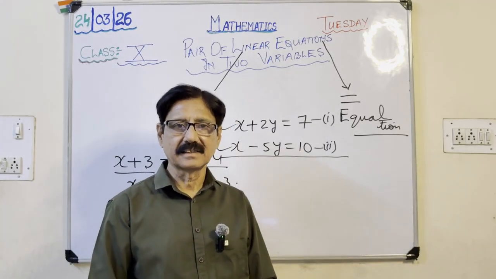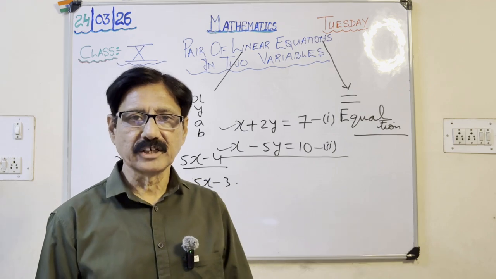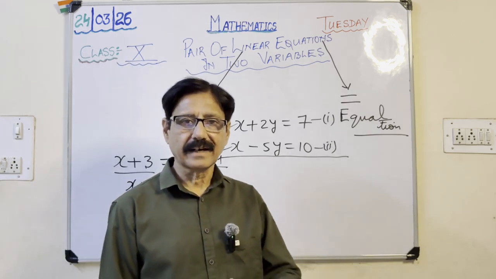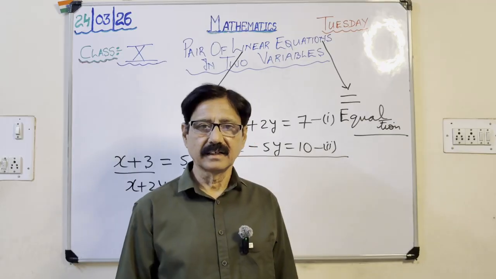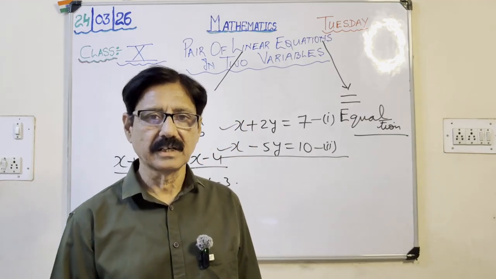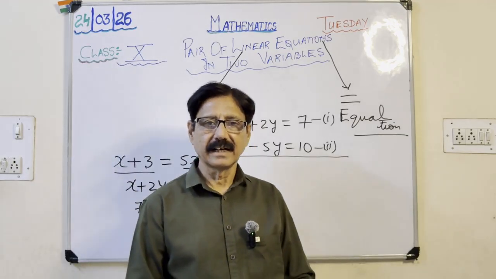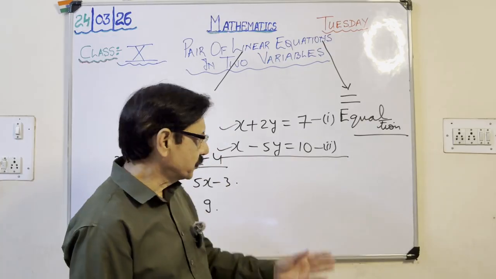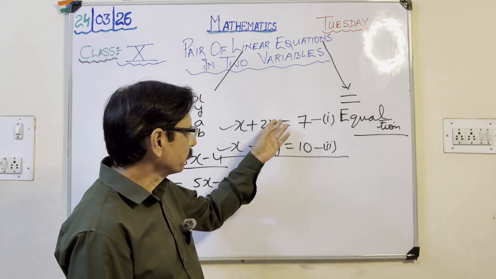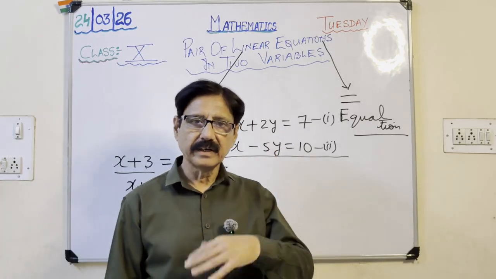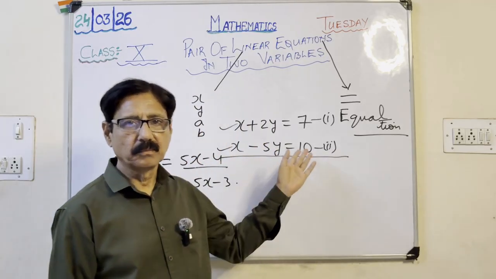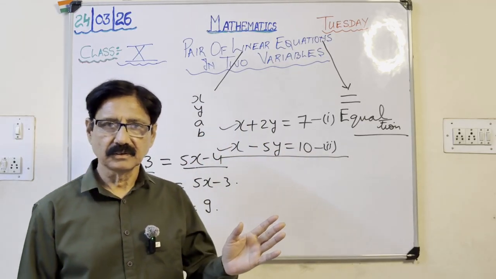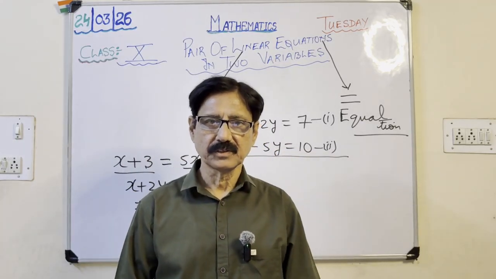The first method is the substitution method, the second method is the graphical method, and the third method is the easiest and most important method, that is the elimination method, in which we eliminate one of the variables and try to find the values of both the variables. So thank you, that much only for today.